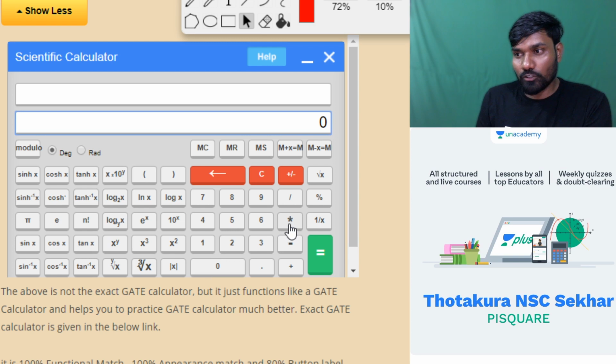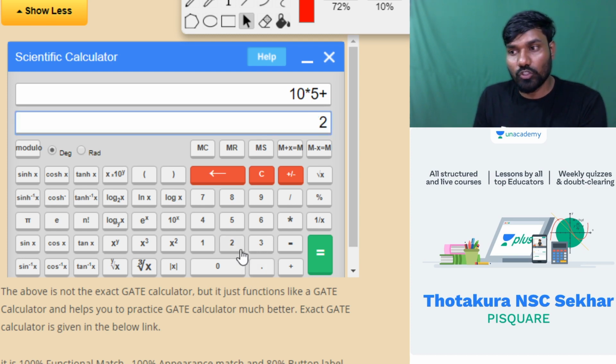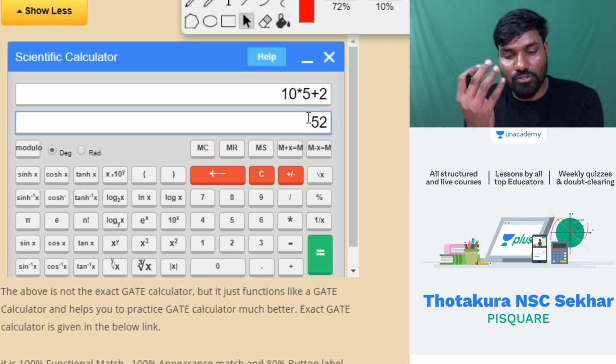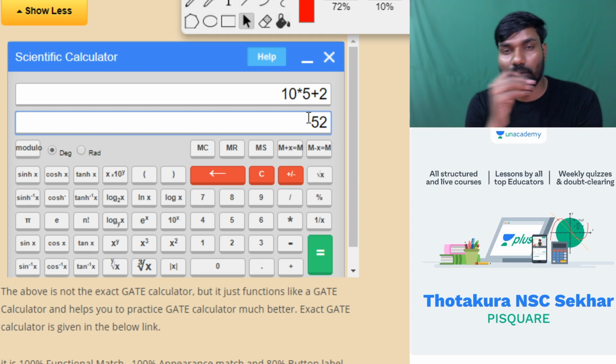10 into 5, plus 2. 50 is the initial result, 52. Now if you know the BODMAS rule, apply it properly, meaning use brackets and apply BODMAS properly.